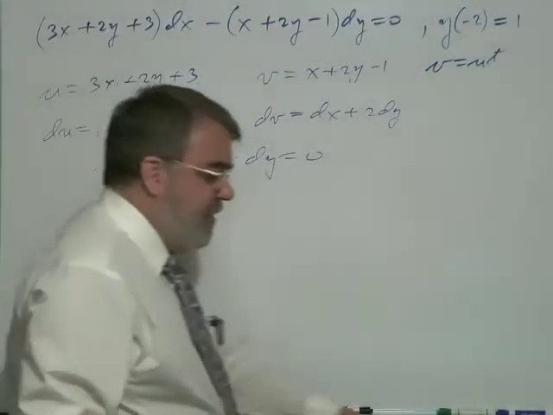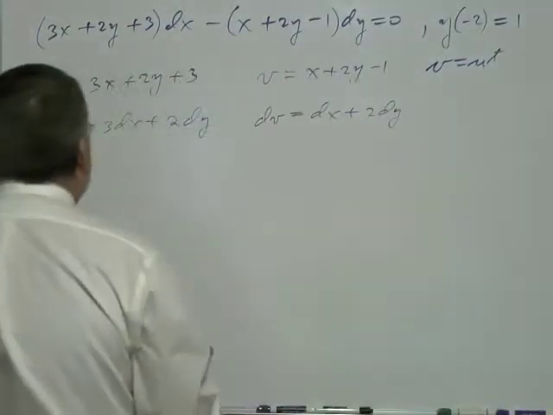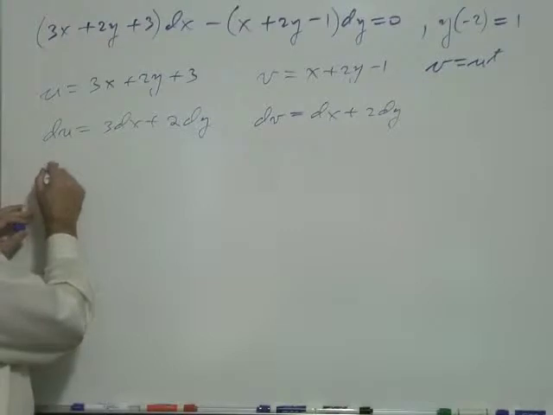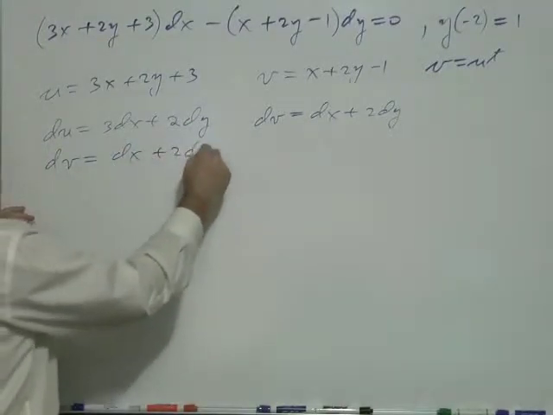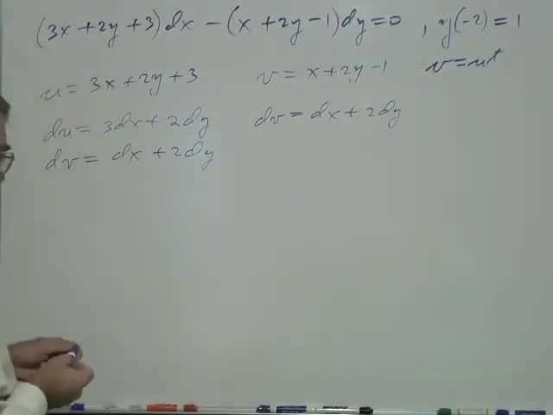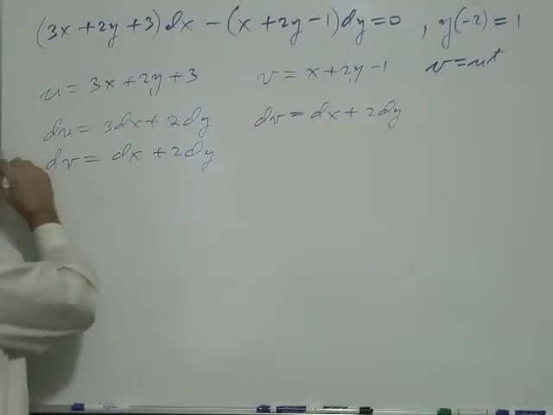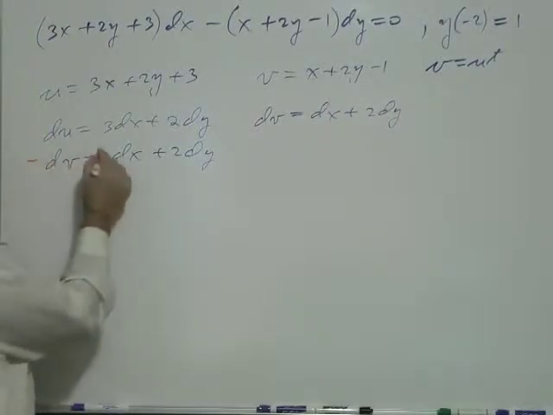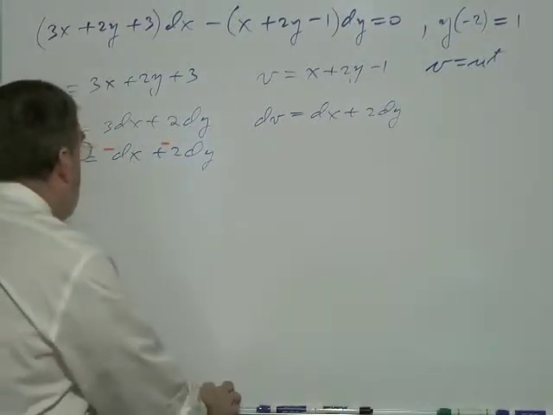So let me erase this little piece here. Then let me put this under here: dv equals dx plus 2 dy. I just transferred this over. And now if we subtract, I'll put a negative in front of these, same as multiplying by -1.